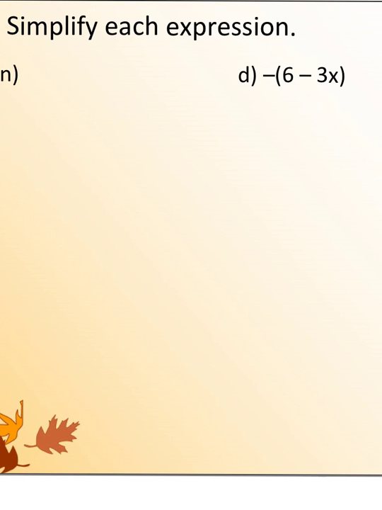All right, let's take a look at example C. On example C, again, I see subtraction, so I'm going to do keep, change, or add up. And that n doesn't have a number, so I'm going to put a 1 in front of it. So I'm going to think about that as a -1n. Now this one's a little bit different because you'll notice I have 2 parentheses.